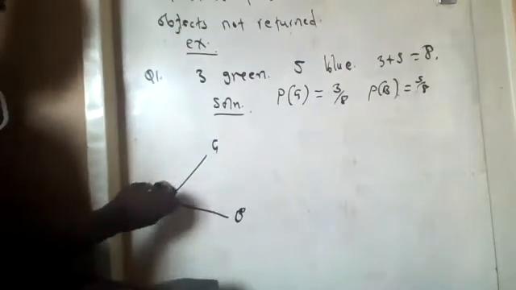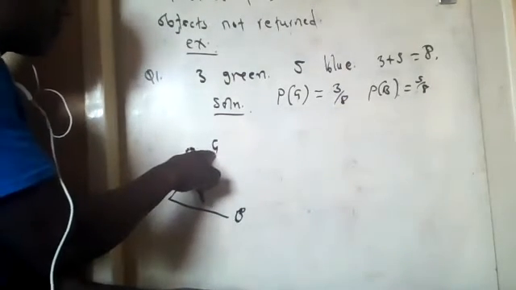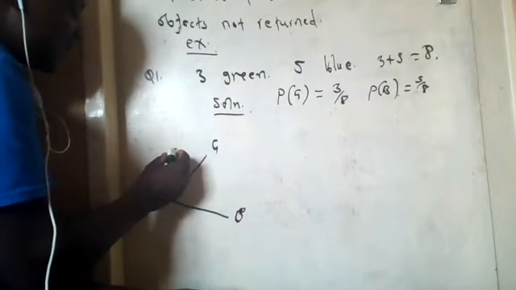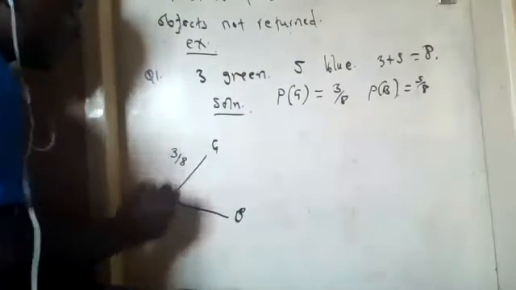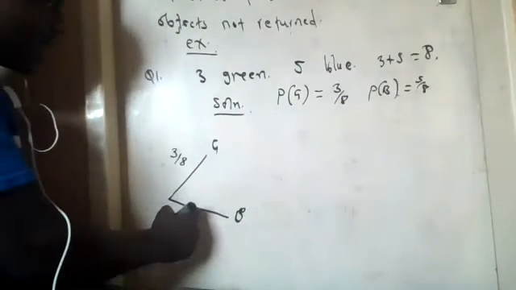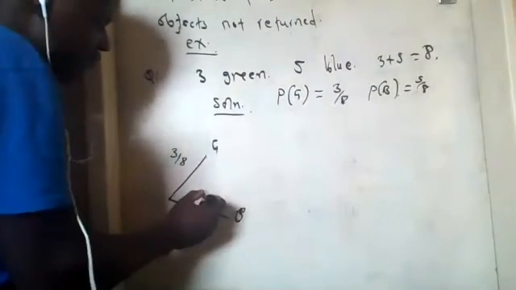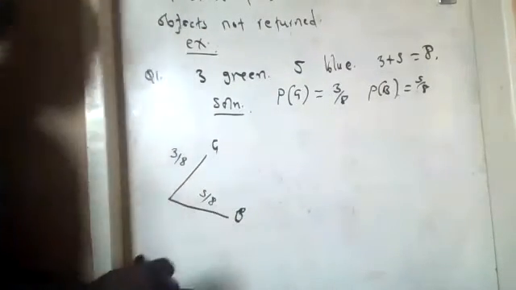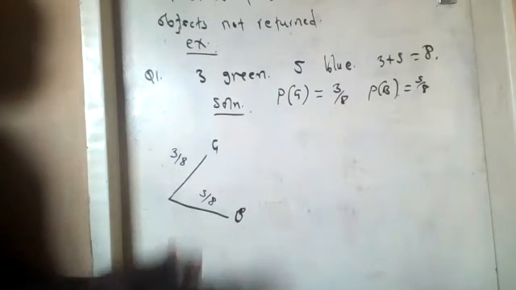So the probability of green here is 3 over 8 before they were picked. Here, the probability of the blue is 5 over 8 before they were picked. That's how it's supposed to be.